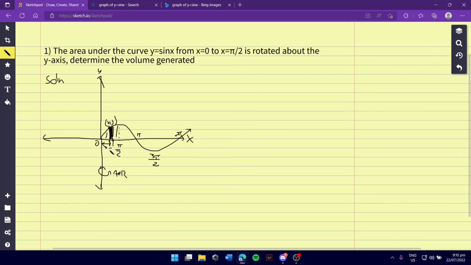The thickness is your dx. And then the height, let's put here, the height equals your y. So since it is rotated about the y-axis, it will rotate like this, and then like that.